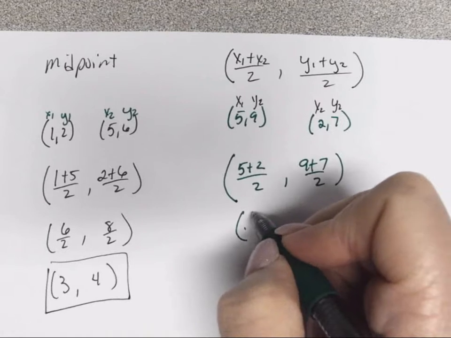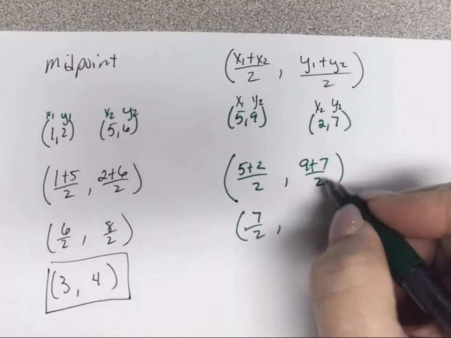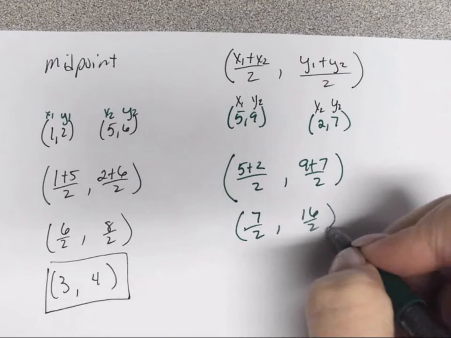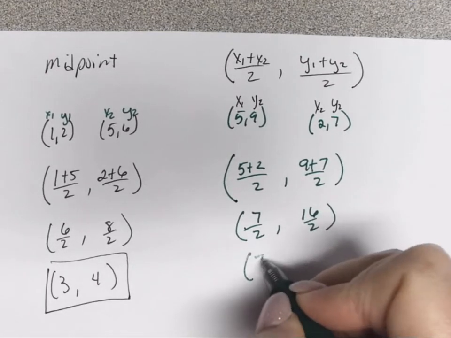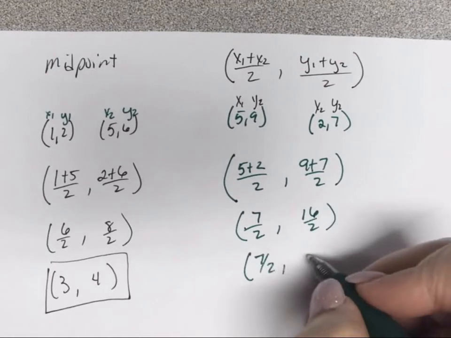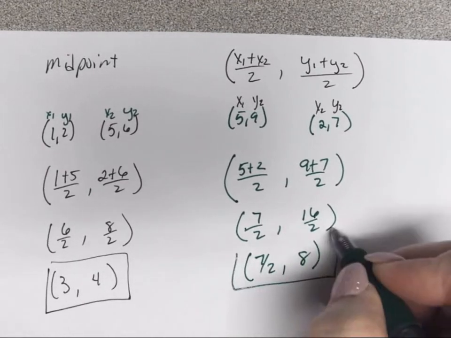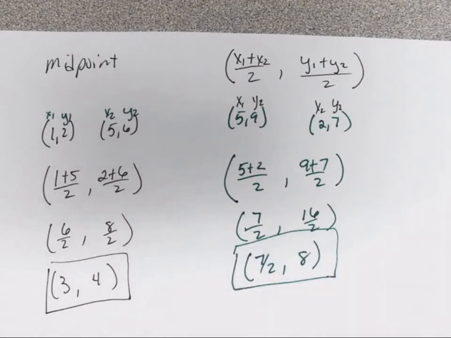Well, 5 plus 2 is 7 divided by 2. 9 plus 7 is 16 divided by 2. So we have 7 over 2 and 8. And we will leave that as a fraction for an exact value versus a decimal.